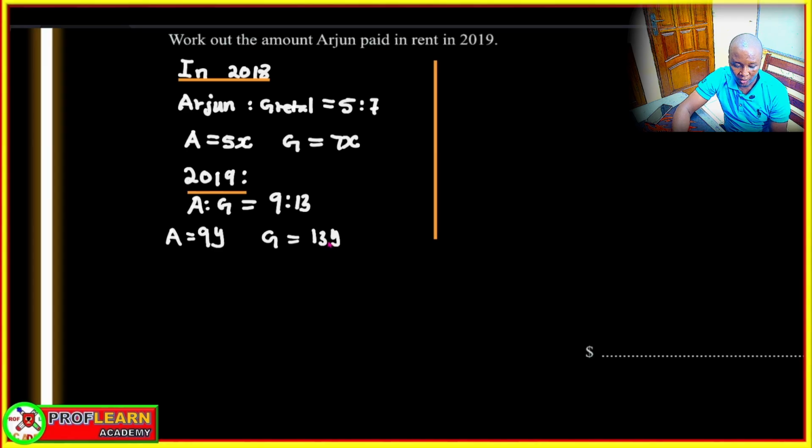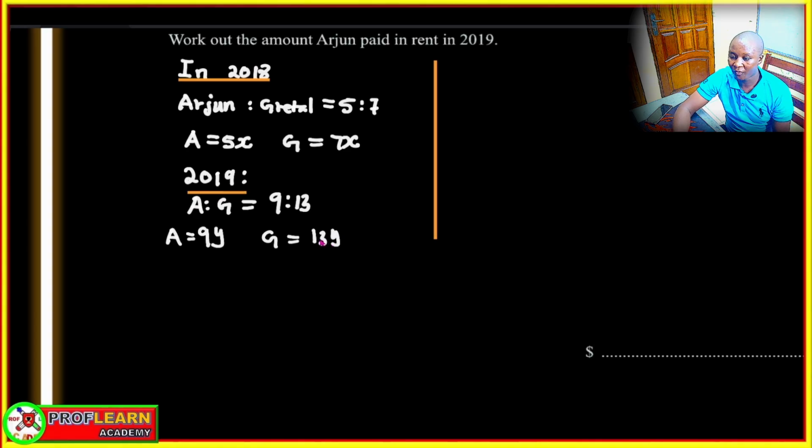But we are told that Aljun paid the same amount in 2018 and 2019. So we can pick the amount for Aljun in 2018, which is 5x, and equate it to 2019, which is 9y.